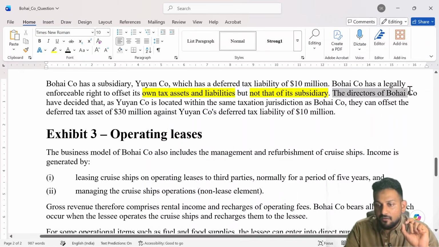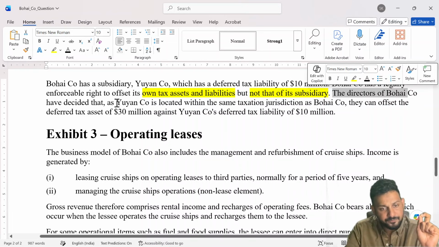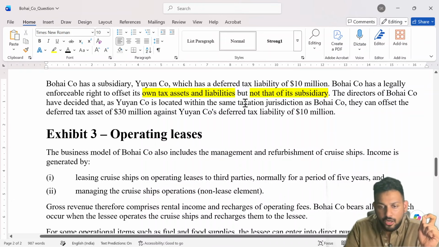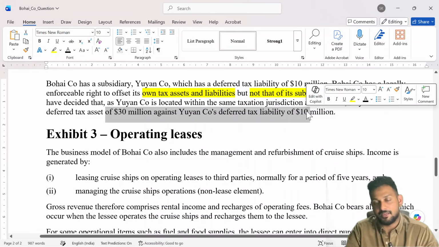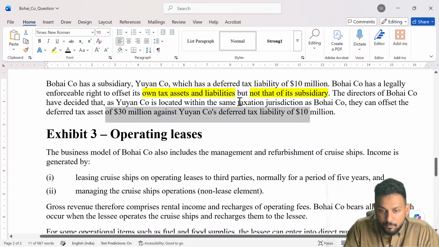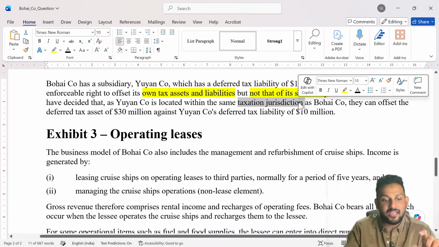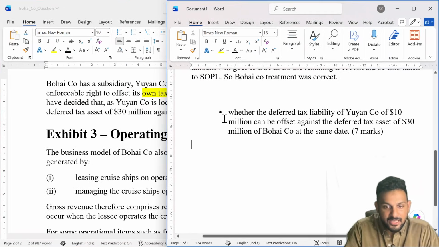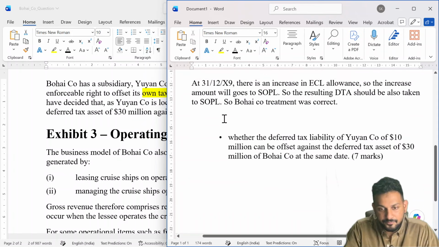Also, the directors of Bohai company have decided that Yuan company is located within the same tax jurisdiction as Bohai company, and they can offset the deferred tax asset of 30 million against the deferred tax liability of 10 million. So they are claiming that both companies are in the same jurisdiction, so they are able to offset it. Okay, so now let's learn what the accounting standard states.